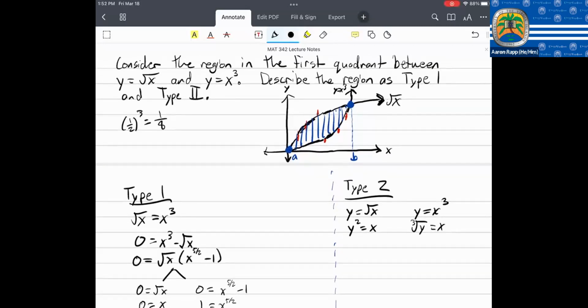Now, if I hadn't done all this work with type 1, type 2, I wouldn't know at least the x values for that region. That A was 0, B was 1, which means I can also get the y values. C would be 0. And what would my D value be? Well, we'll just plug 1 into either function as x. What is the square root of 1? 1.